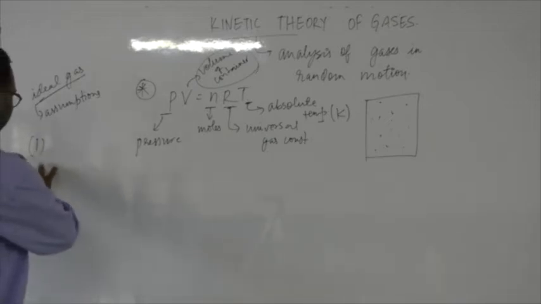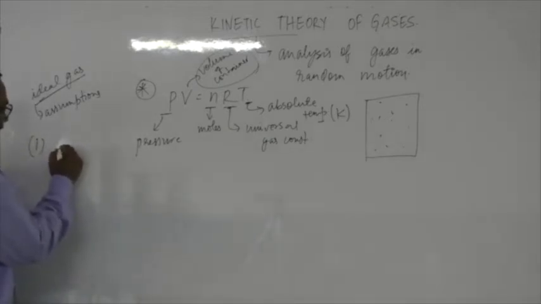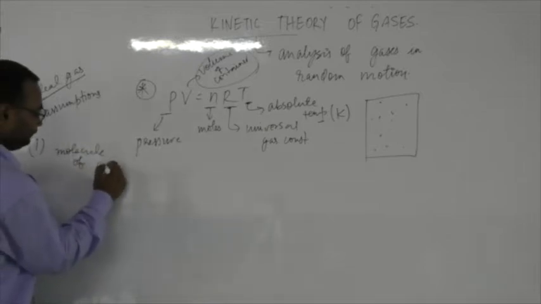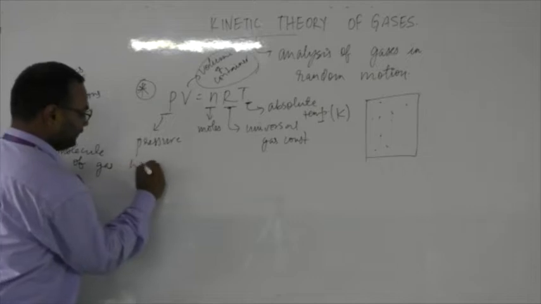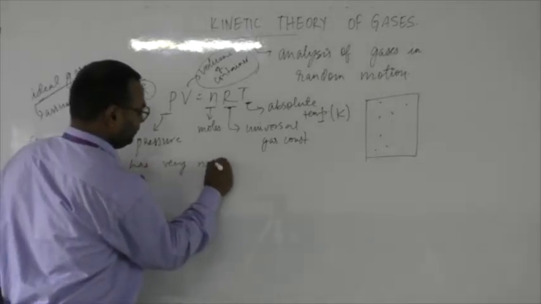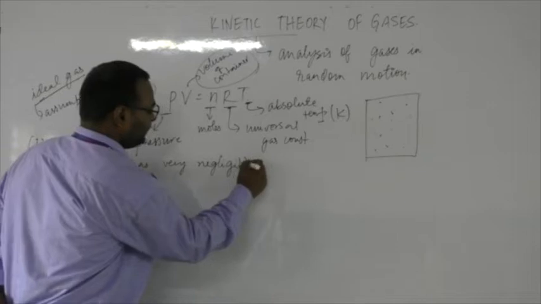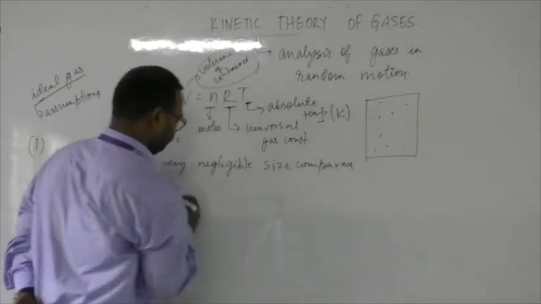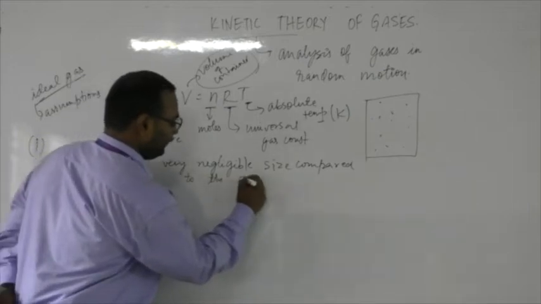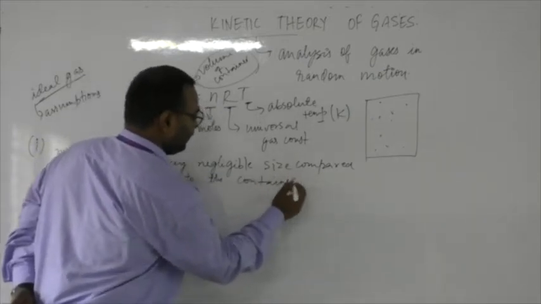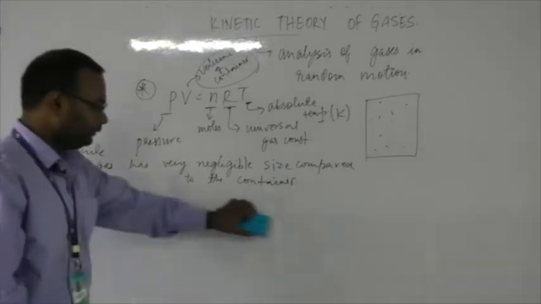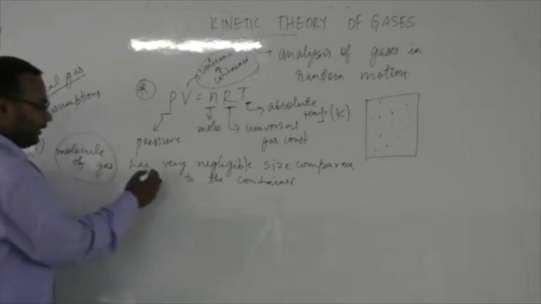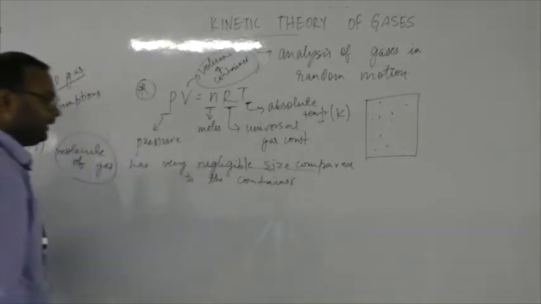That means the molecule of gas has very negligible size compared to the container, and we can understand easily the molecule of gas is very negligible compared to size of container.